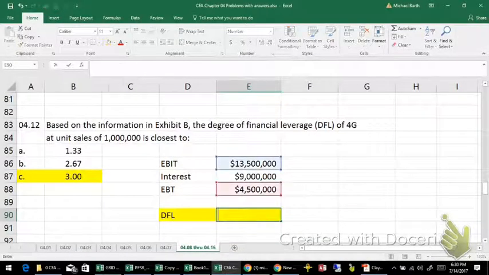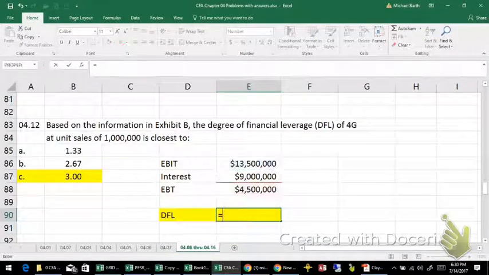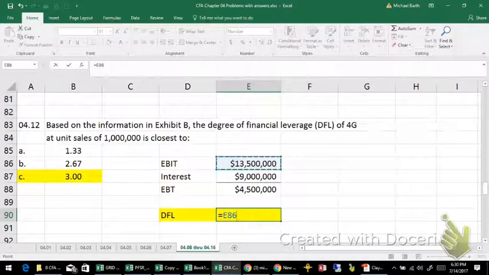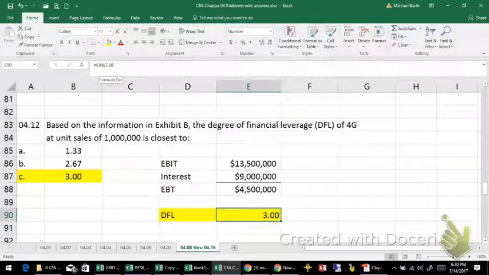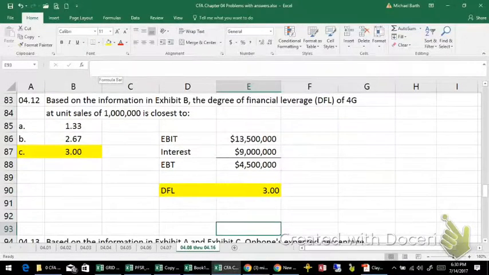Just like with the other formula, the degree of financial leverage is the amount before the fixed expense divided by the amount after the fixed expense. And here it's 3.00. So that's your degree of financial leverage.